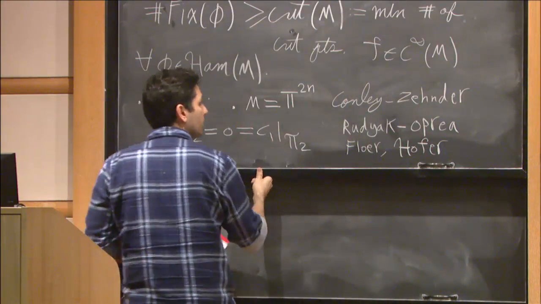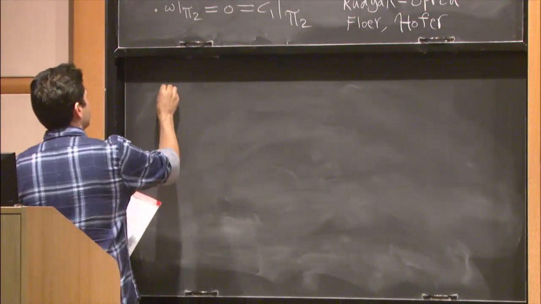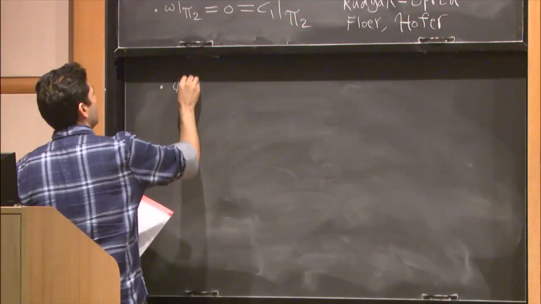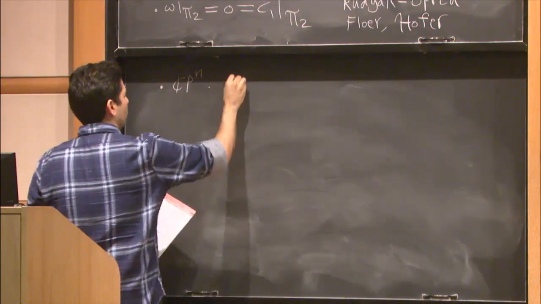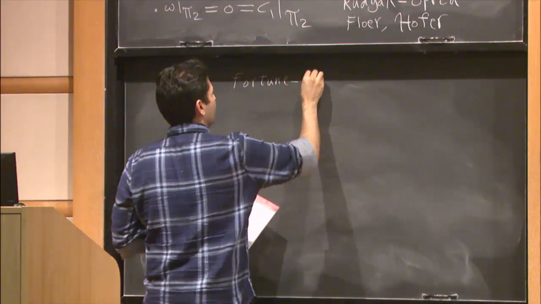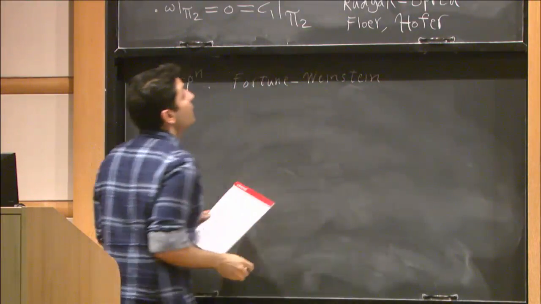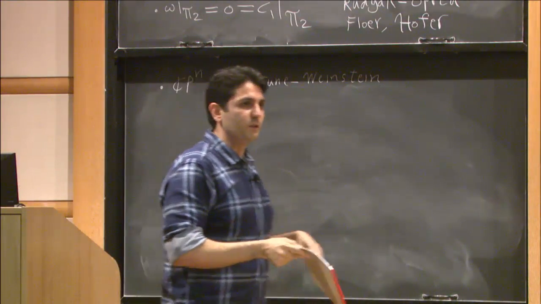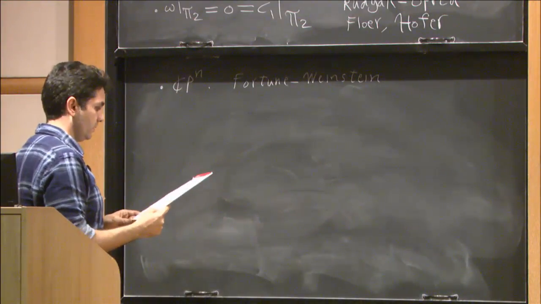And there is one other case that I know of, there are probably others, and that's the case of CP^N. This was done by Fortune and Weinstein. Other versions of the Arnold conjecture have been proven in more general situations.